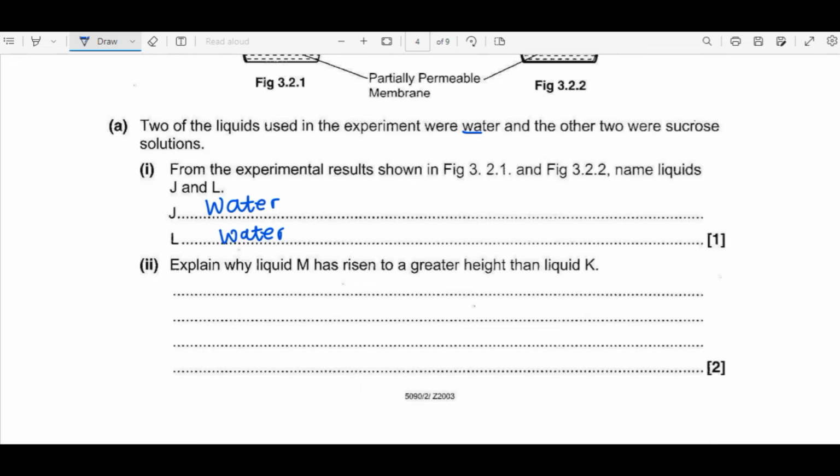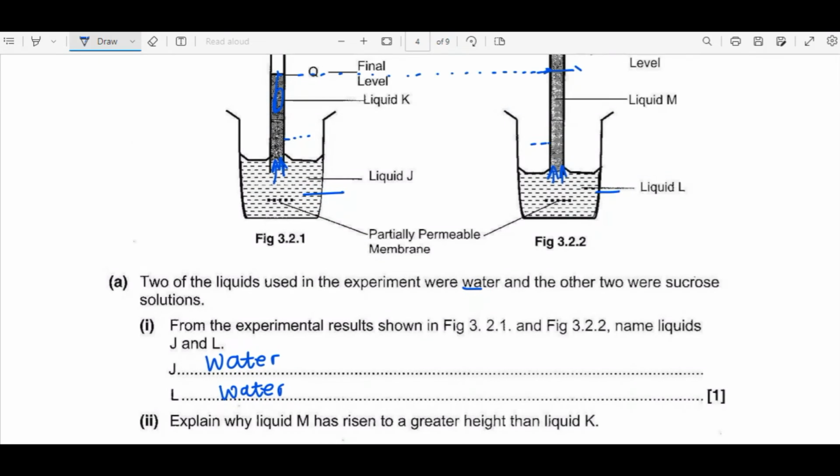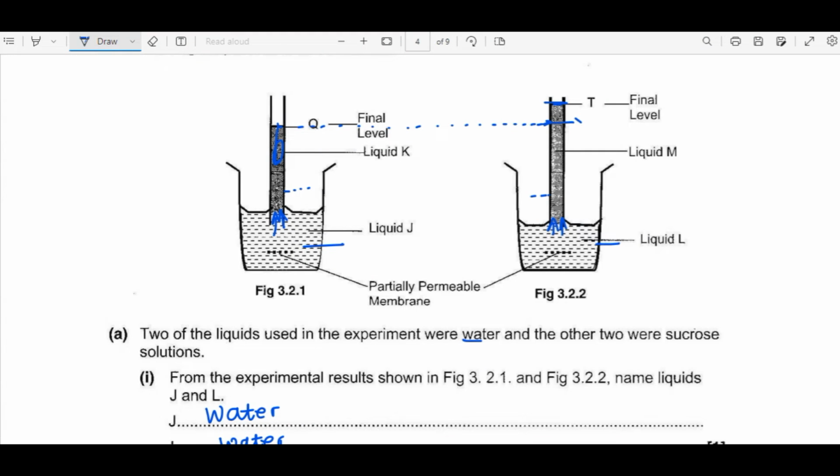Explain why liquid M has risen to a greater height than liquid K. So why has this one risen to a greater height compared to the other one? There should be a difference in terms of concentration. The one with the greater height had a higher concentration, and because of the higher concentration, the rate of osmosis was higher than the one with the lower. As a result, it absorbed a lot of water molecules, resulting in the increase in height.